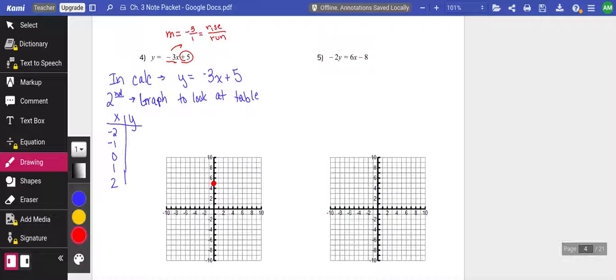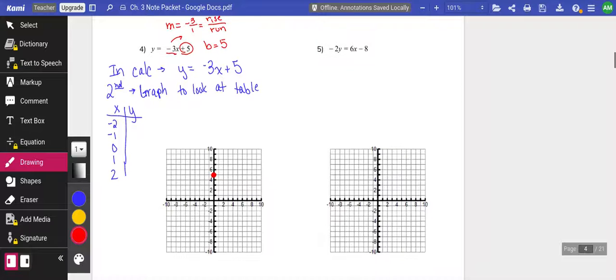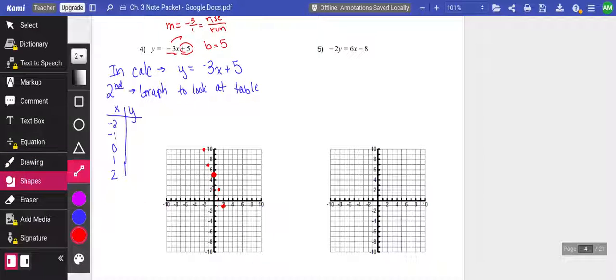That's my m. So I'm going to go down 3 over 1, down 3 over 1. And once I have a bunch of points plotted, I can connect them with a line.